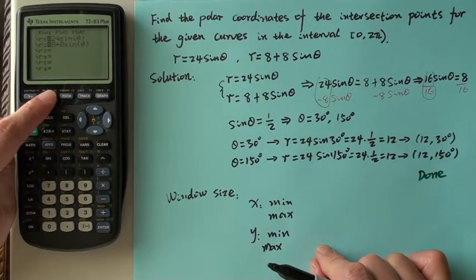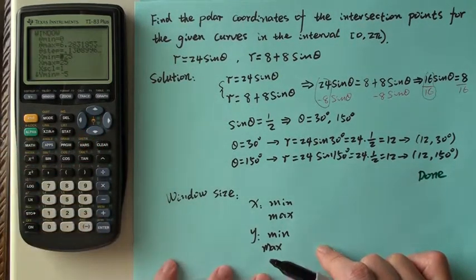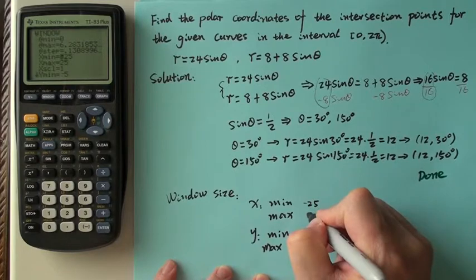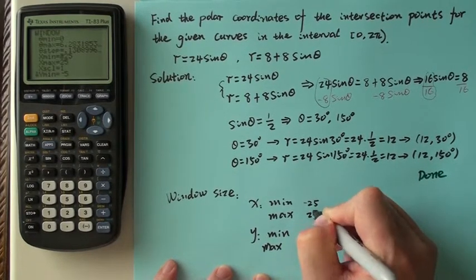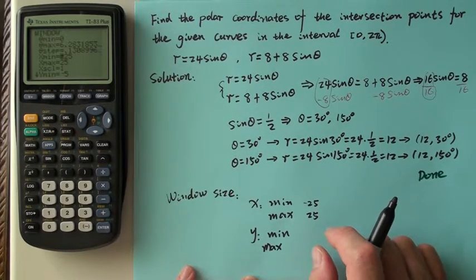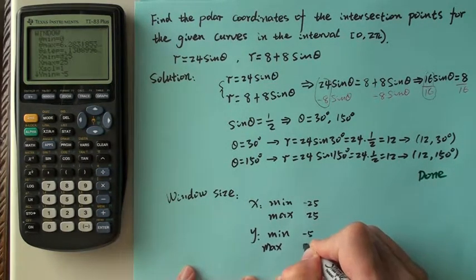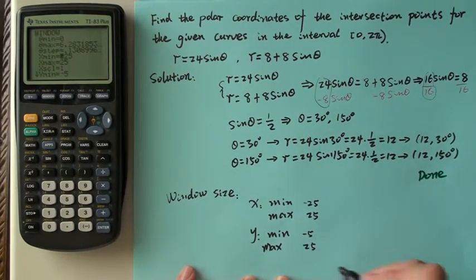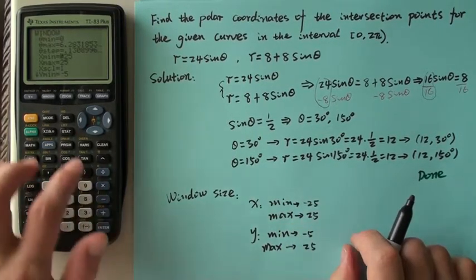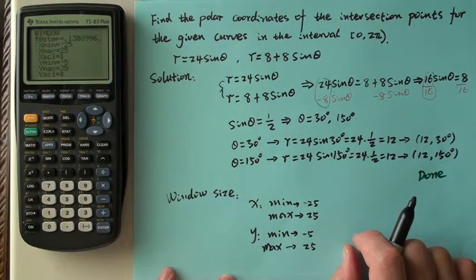This is what I did: for x, minimum -25 and maximum 25. For y, I didn't go that deep: minimum -5 and maximum 25.